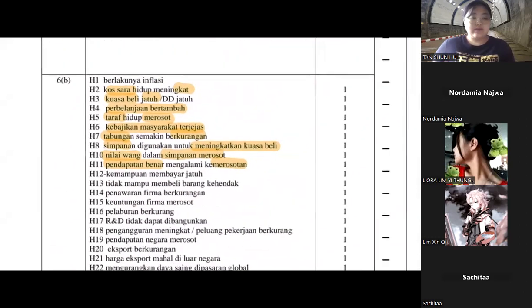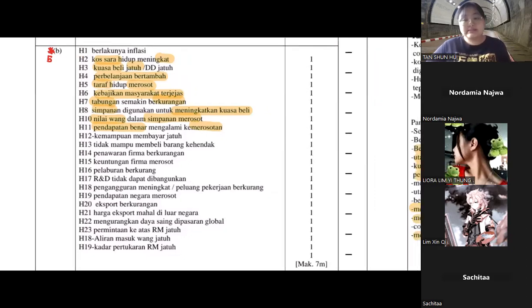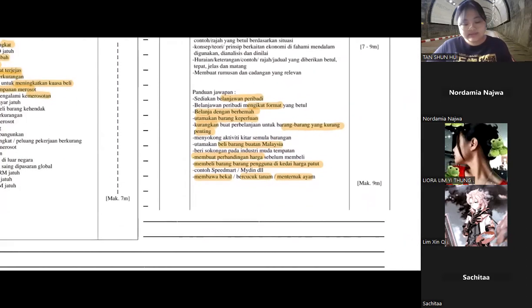And then this is 5B. Because it's a 7 marks question, yeah. The marking scheme gives you a lot of answers. You no need to write everything. You just pick 7 of it. All right. That's why you see I only highlight until 11. All right. And then part C. Now part C, right? Answer is here.